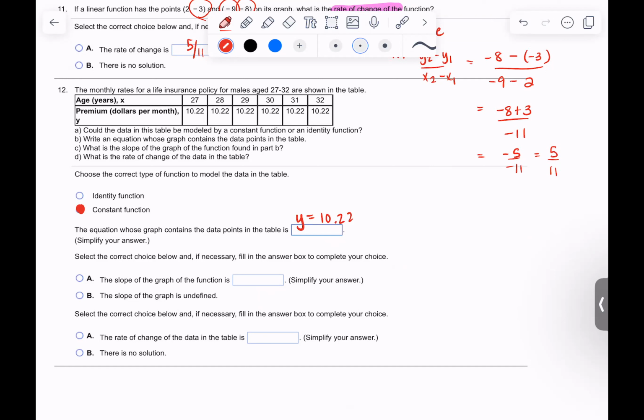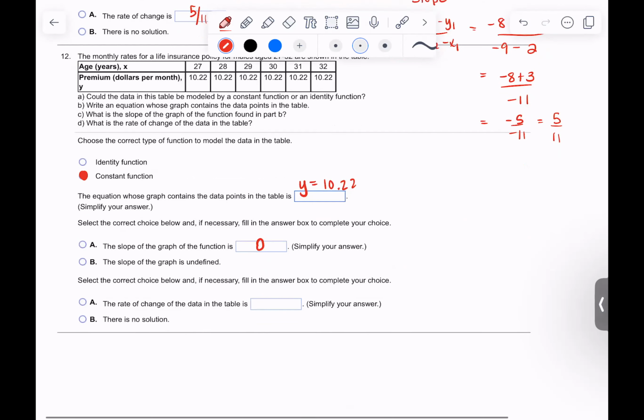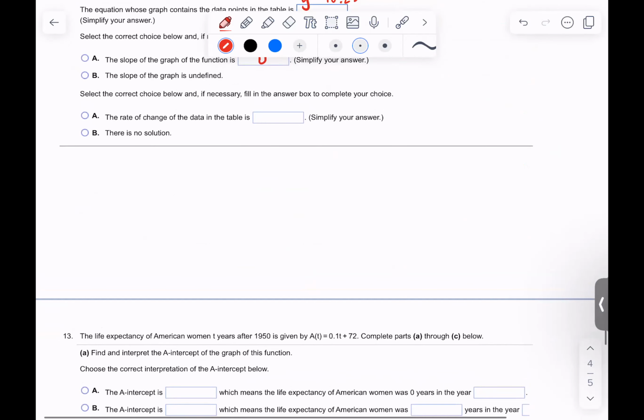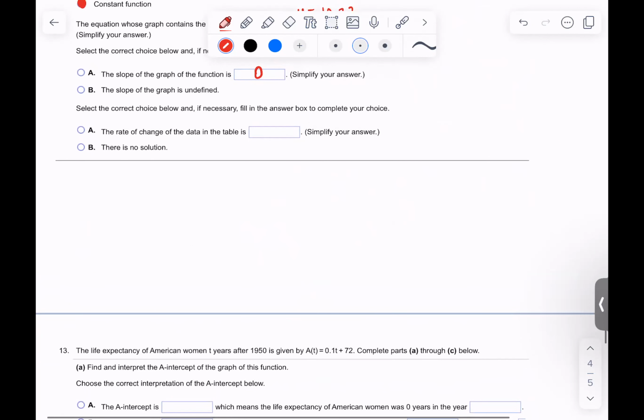The slope of the graph of the function is, if it's horizontal, if y is constant, its slope is 0. Oh, the rate of change of the data in the table, also 0. Almost left that part off. The rate of change of the data, y is constant, the rate of change is equal to 0.